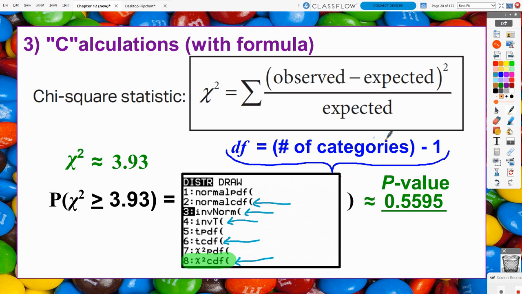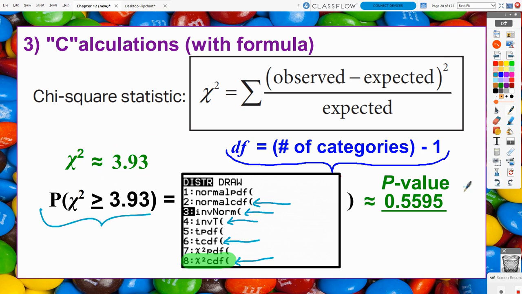Now, here's what's also nice. When we first talk about what is the probability that we would find other chi-square test statistics that are as extreme or more extreme than what we saw happen, it was always kind of tricky for some people to decide whether this should be a greater than or a less than sign. It really all depended on the sign of our test statistic.